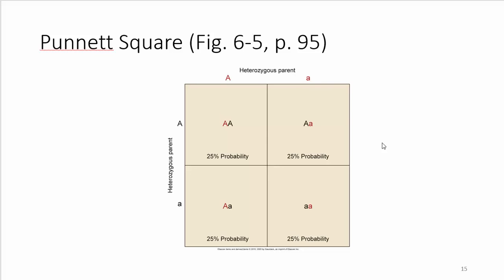It helps people understand the odds of them having another child that has the same disorder. Now, in the not so distant past, the only way that you found out that you were a heterozygous carrier and that your partner was a heterozygous carrier was by having a homozygous recessive child with the disorder. And in that case, 100% of that child has the disorder.